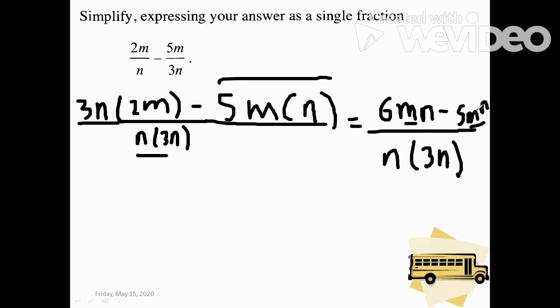So 5mn from 6mn is going to leave us with 1mn all over n times 3n, which is the LCM.